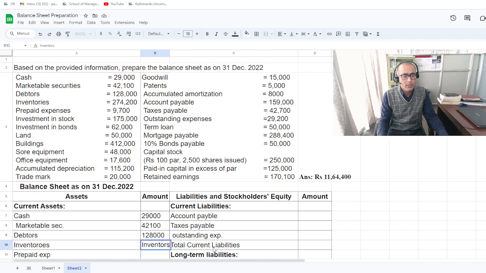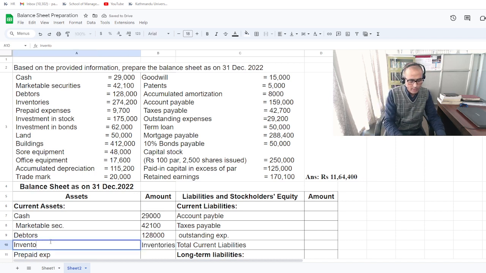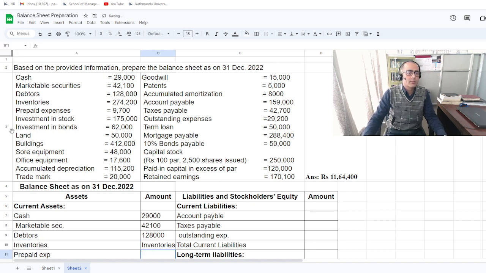Inventories are also part of the current assets. After inventories we have prepaid expenses, which is what you have already paid to the parties.